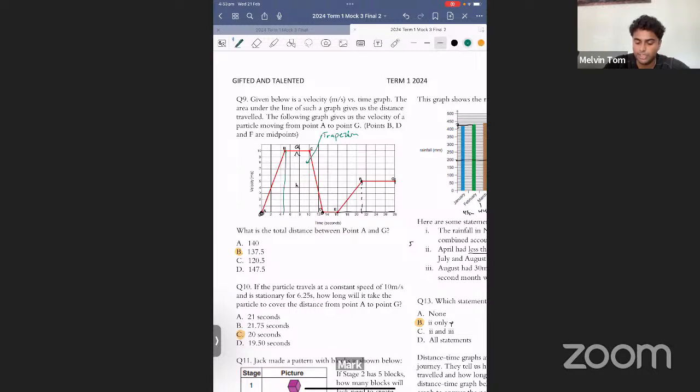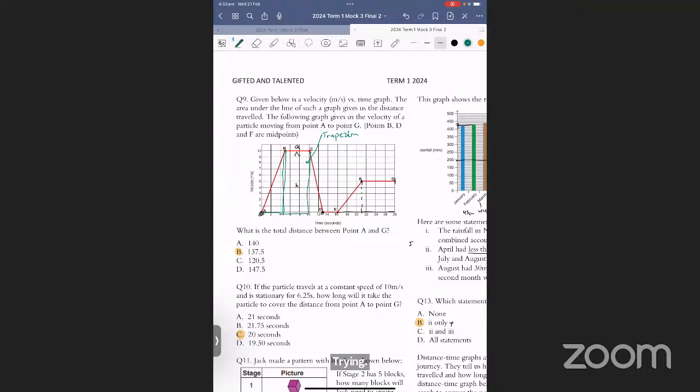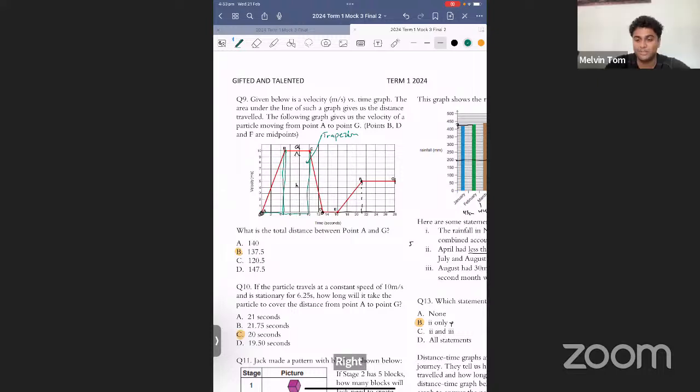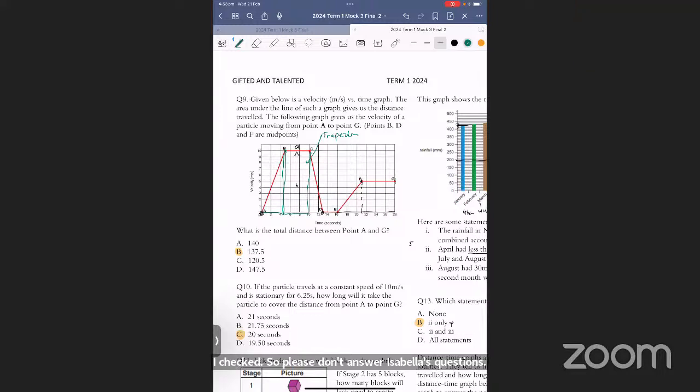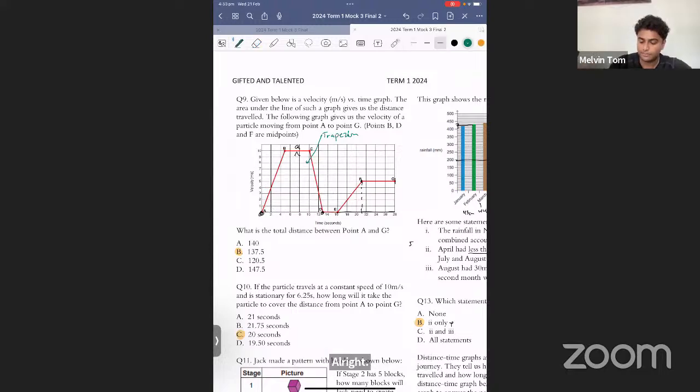So you split it into triangles, and then what's the other shape you would split it into? Rectangle. Jerry, once again, your name is not Isabella, last time I checked, so please don't answer Isabella's questions. Isabella, what's the other shape? A rectangle. Right. So let's split it up and then try to solve it.